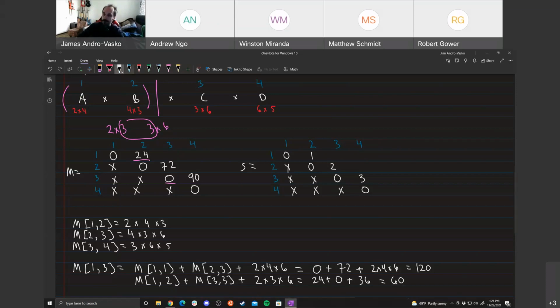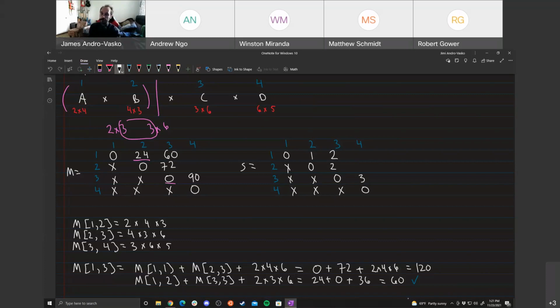So this one is for the win. That's a better answer. For M1 comma 3, we have two ways of doing this, and we're going to pick the better one. The better one is 60. So I'm going to put 60 over here for M13, and I'm going to put 2 over here.